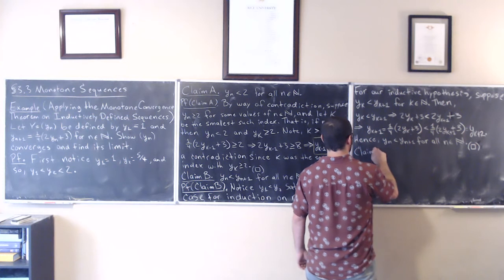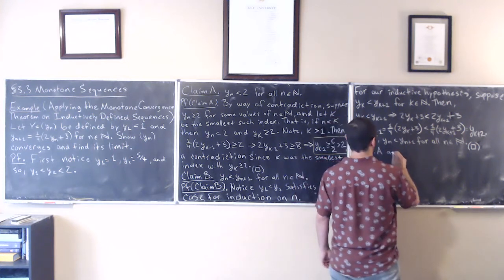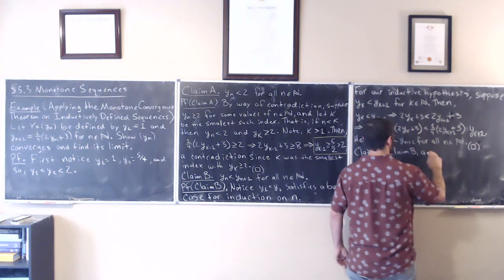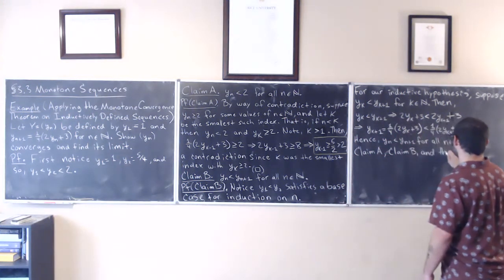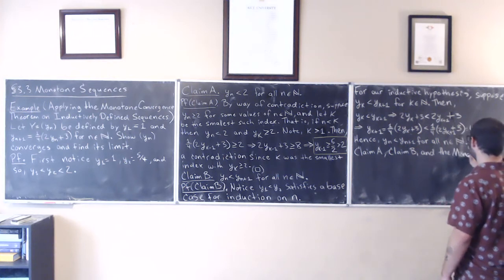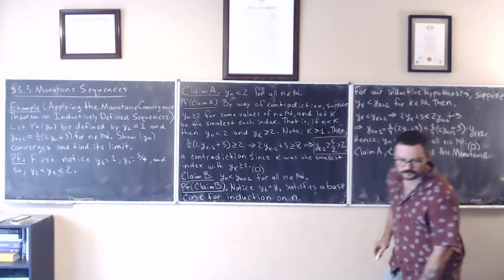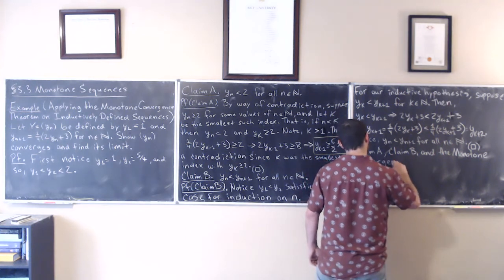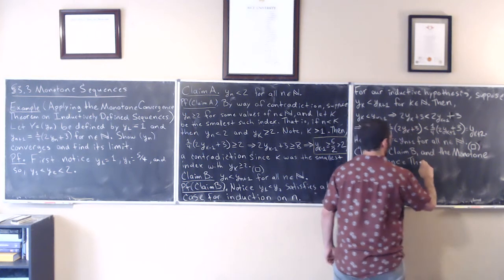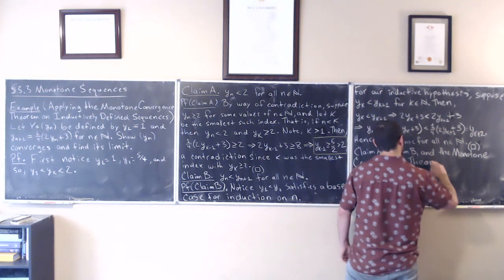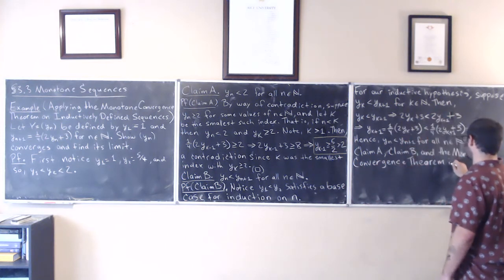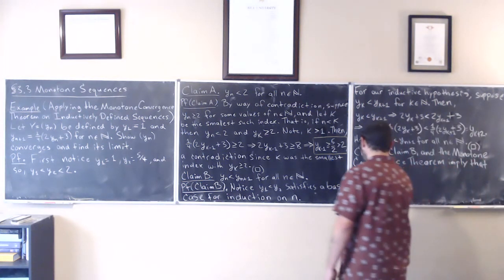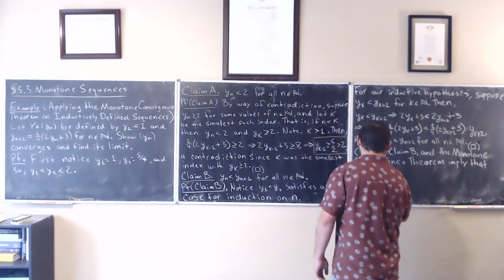So I can say claim A, claim B, and the monotone convergence theorem imply that the sequence y sub n is convergent.